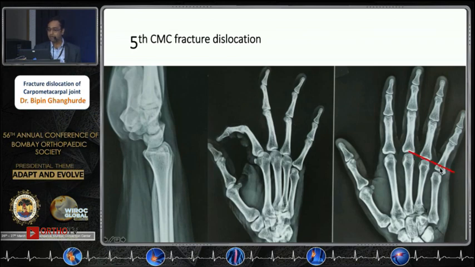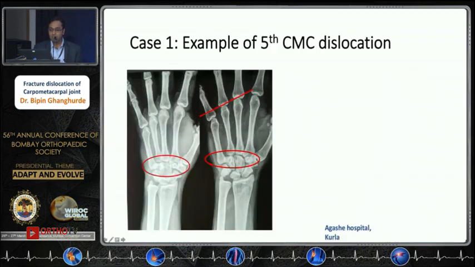That means the 5th metacarpal head is sunken down, and there is a dislocation here. This is another example of 5th CMC dislocation. Again you see that the clear space is absent, and there is a dislocation of the 5th CMC joint.